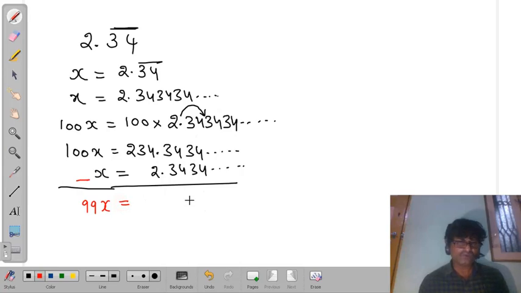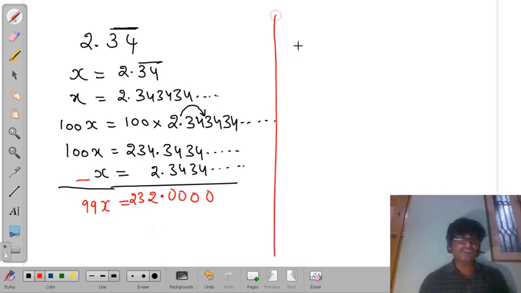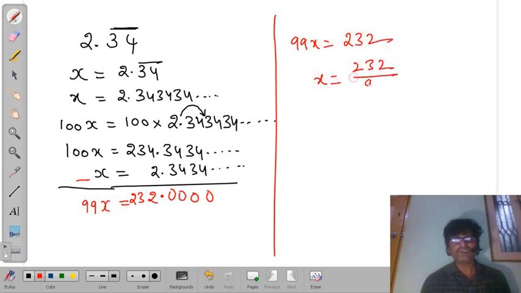So you subtract this one also. 0, 0, 0, 0, point here. 4 minus 2 is 2. The remaining we will get 2, 3, 2. That means we can say 99x equal to 232. That means x equal to 232 divided by 99.